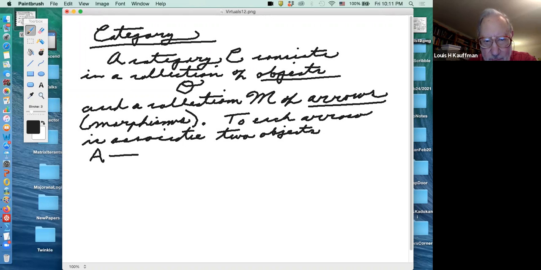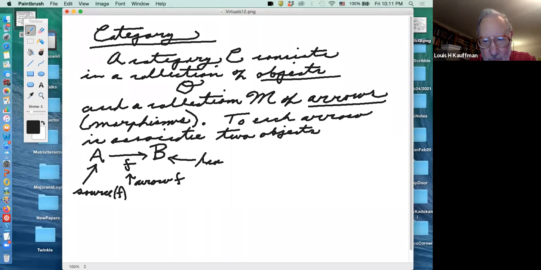Like this: arrow F, the source of F, the target of F. So let's call these S of F and T of F, in case we ever need them.